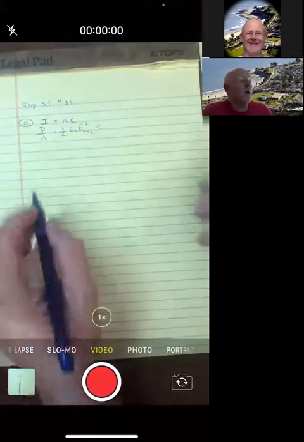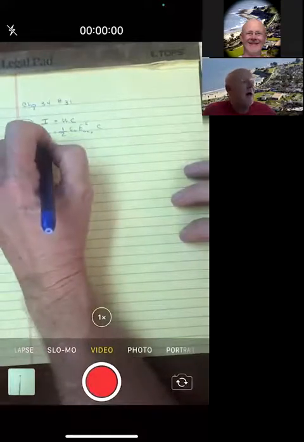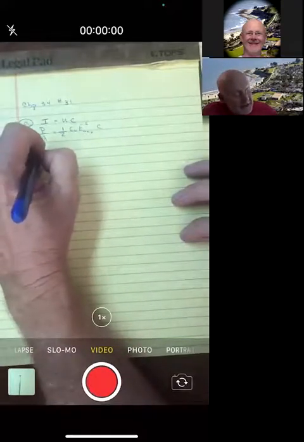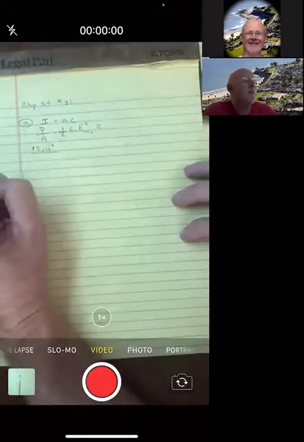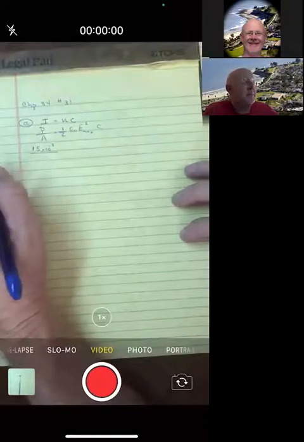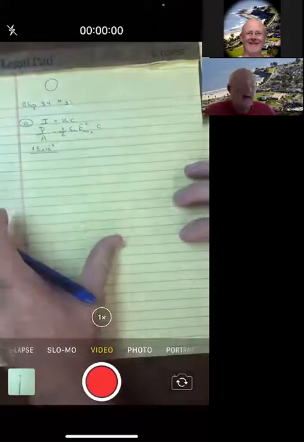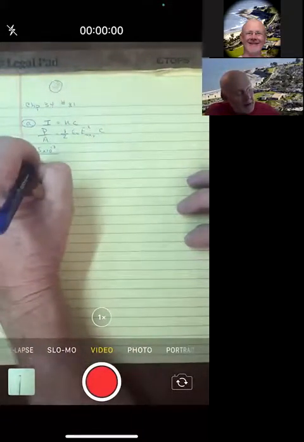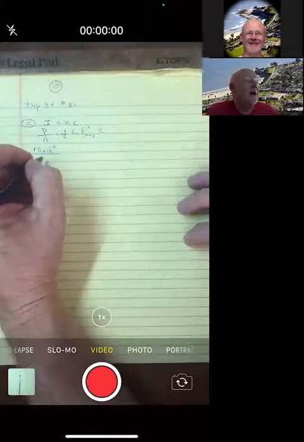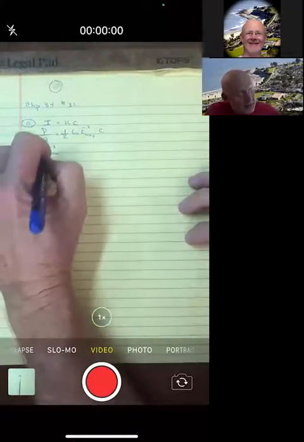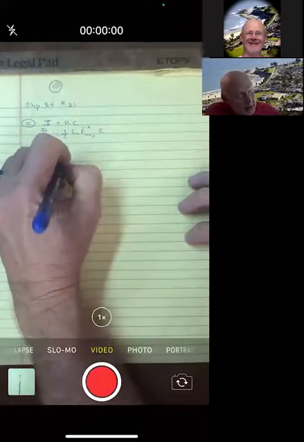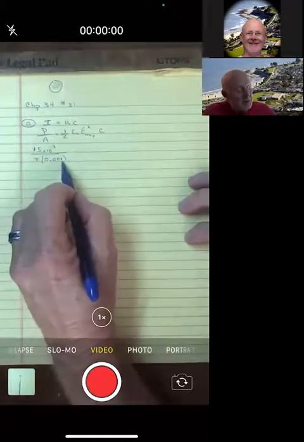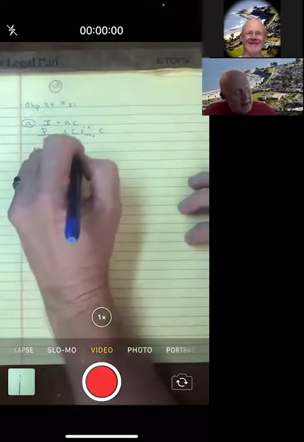So if we put in the known values, they gave the power of the laser, 15 milliwatts, emitted in a circular beam. So it would be striking and making a circle here. Its area would be the area of a circle, pi r squared. They say the diameter is 2 millimeters, so the radius would be 1 millimeter, which I will write as 0.001 meters and square it.